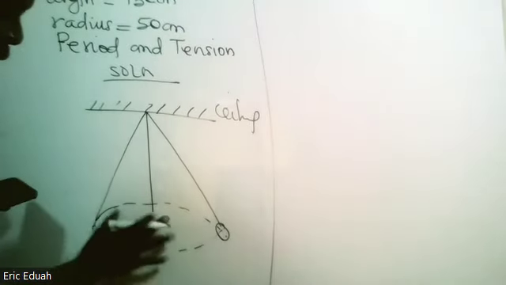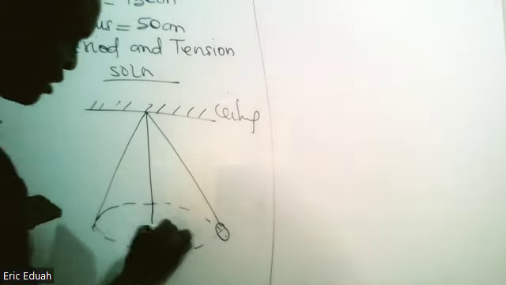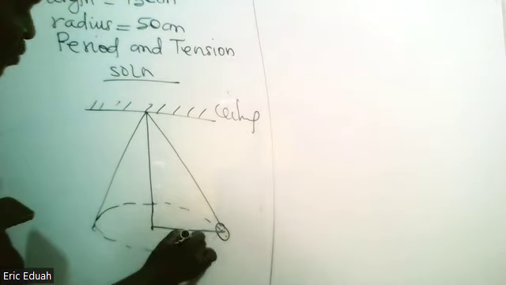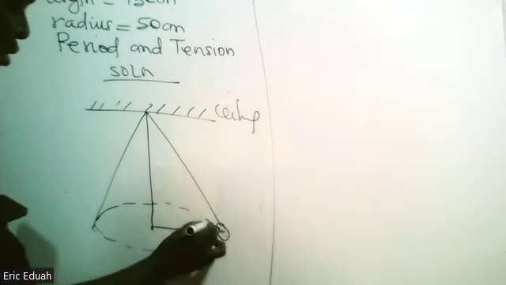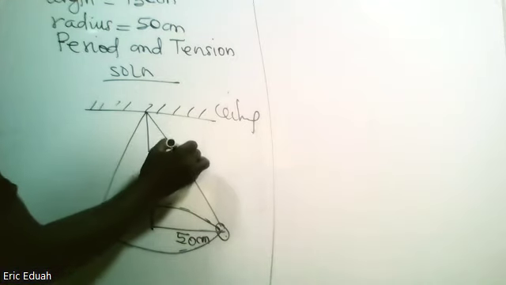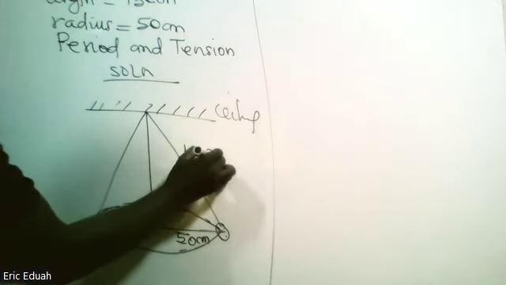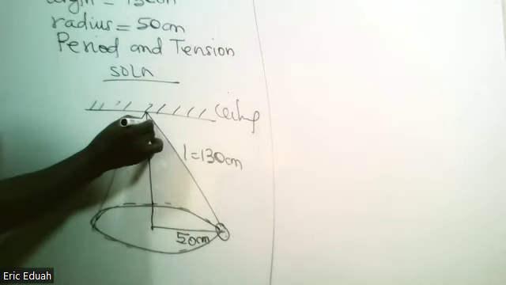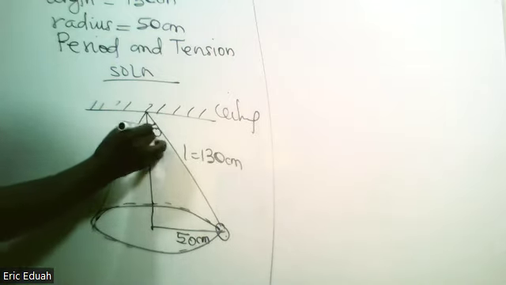We are given the radius, which is 50, of the circle formed. Then the length of the string, 130. Theta was not given.